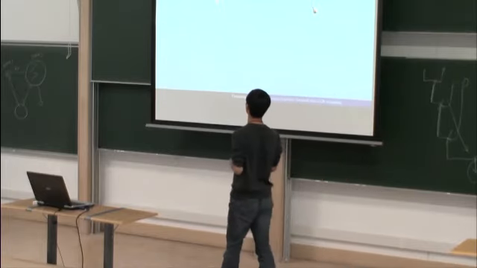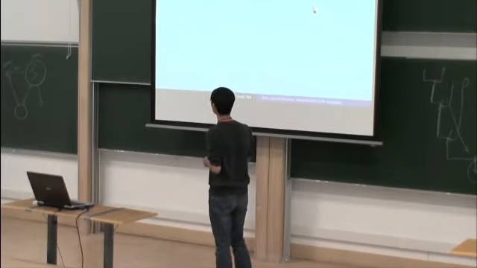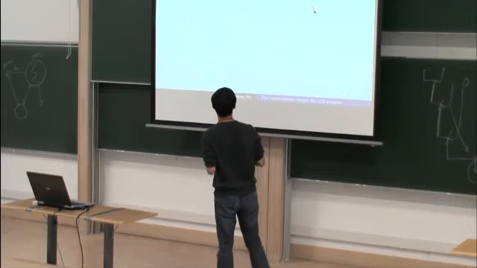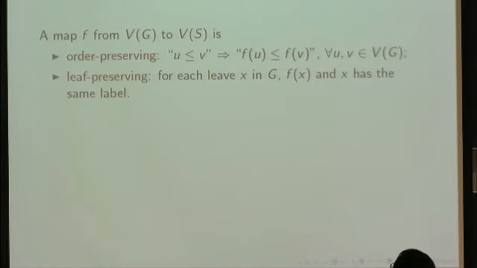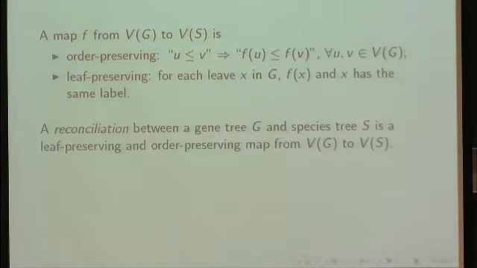This can be regarded as a boundary condition. That is, for each leaf X, FX and X must have the same label. A reconciliation can be thought of as a map satisfying these two conditions.